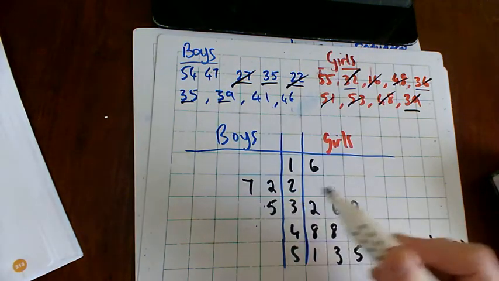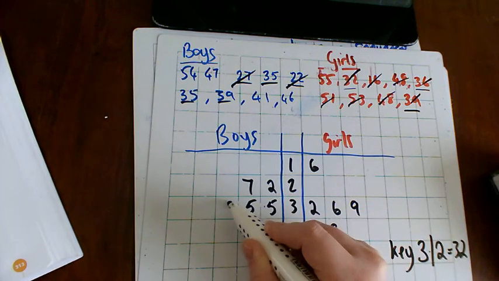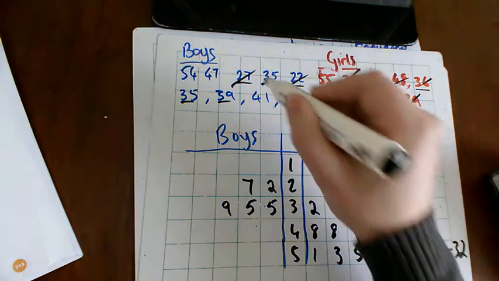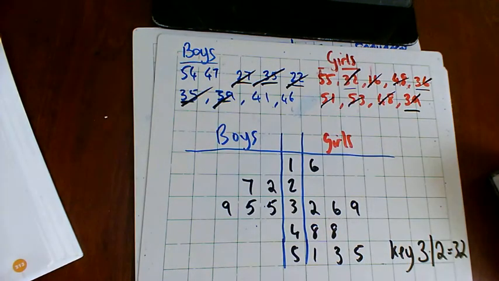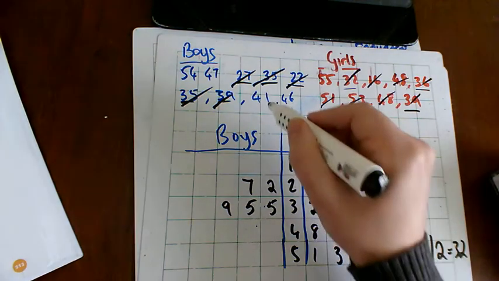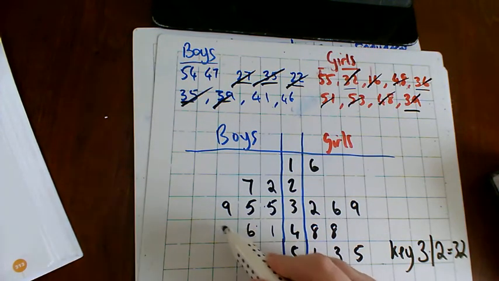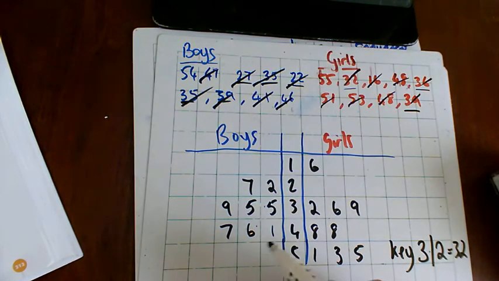So 5, 5, 9. In the 40s, we have 41, 46, and 47. And finally we have a 54.